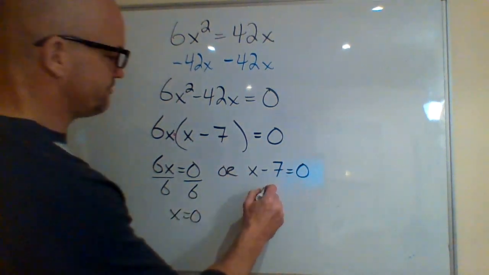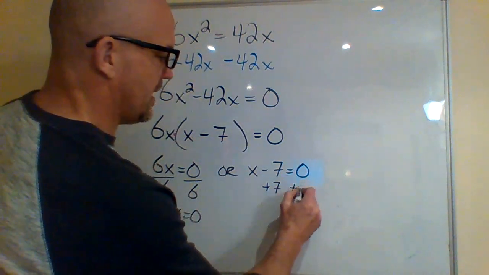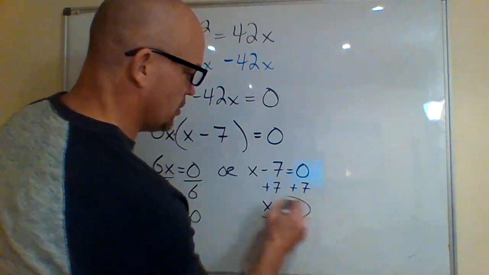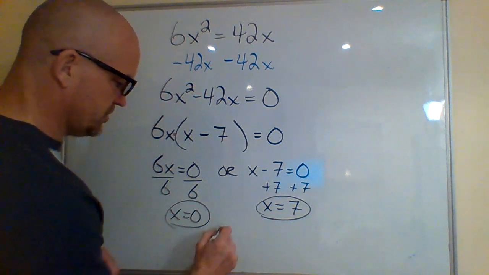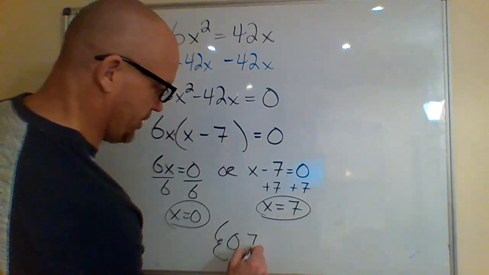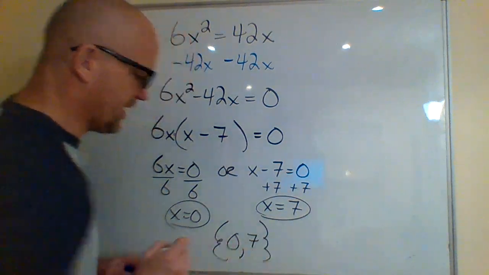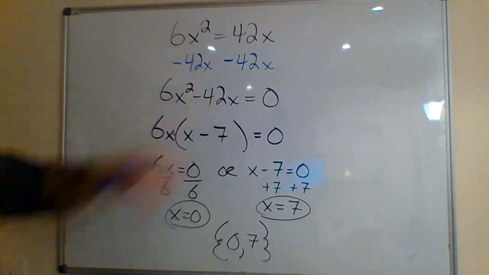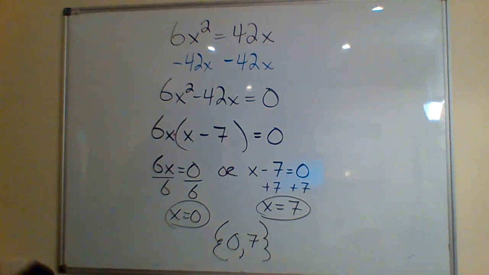On the other side, also very simple, adding 7 to both sides, x is going to equal 7. So those are my two possible solutions. Putting them in a solution set, that was a terrible bracket, I apologize. I get the solution set 0, 7. Both of those will produce a 0 value when plugged in here for x.